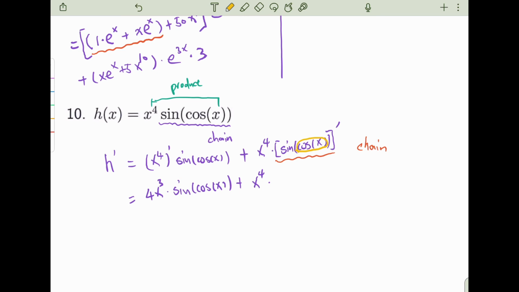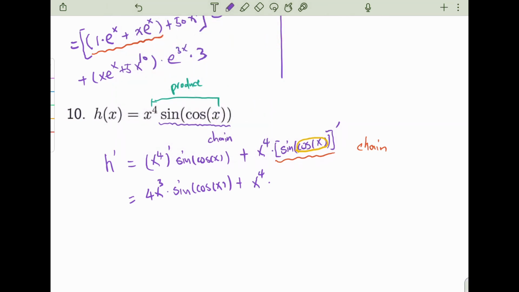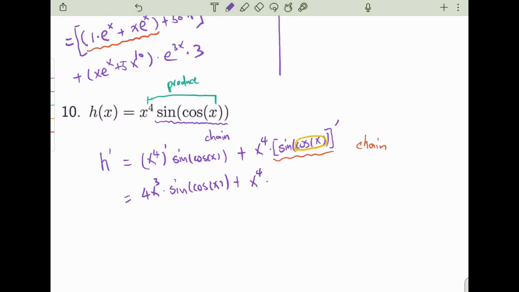But we try not to just write this every single time. Just do that in your mind. Imagine that this yellow expression is your y. So you're looking for the derivative of sine y, right? That is cosine y. But now y is replaced by this expression, so it's cos x here. And this times the derivative of the inside function, that is the derivative of this cosine x, which is negative sine x.